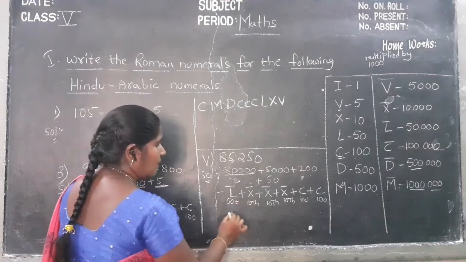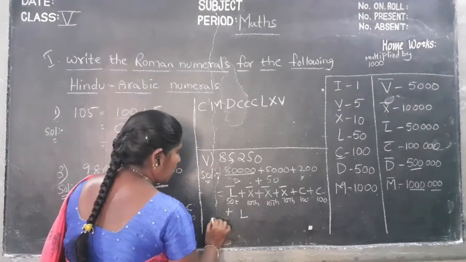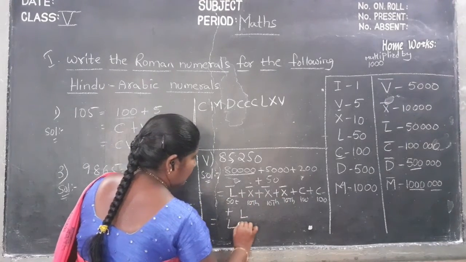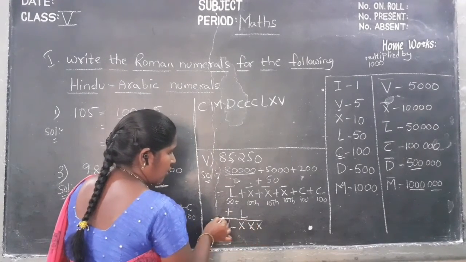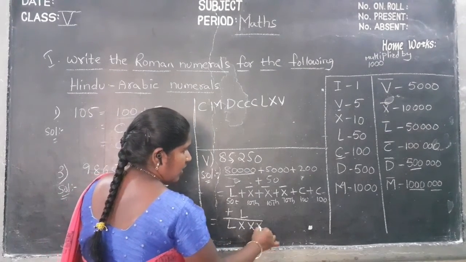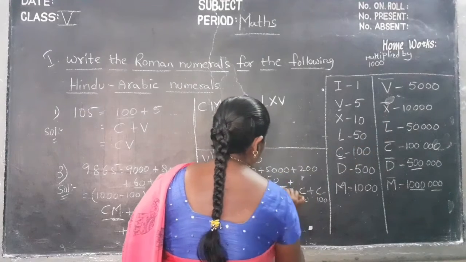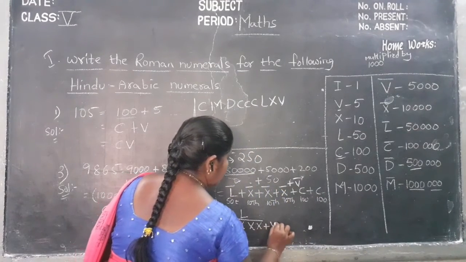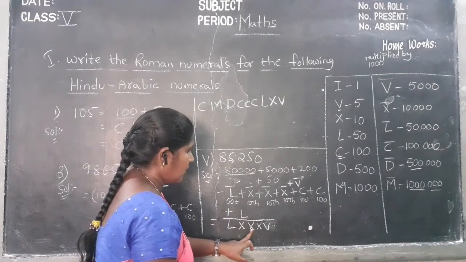Again 50 means L. So the total is L, X, X, X with a bar, which is 50,000, 60,000, 70,000, 80,000.